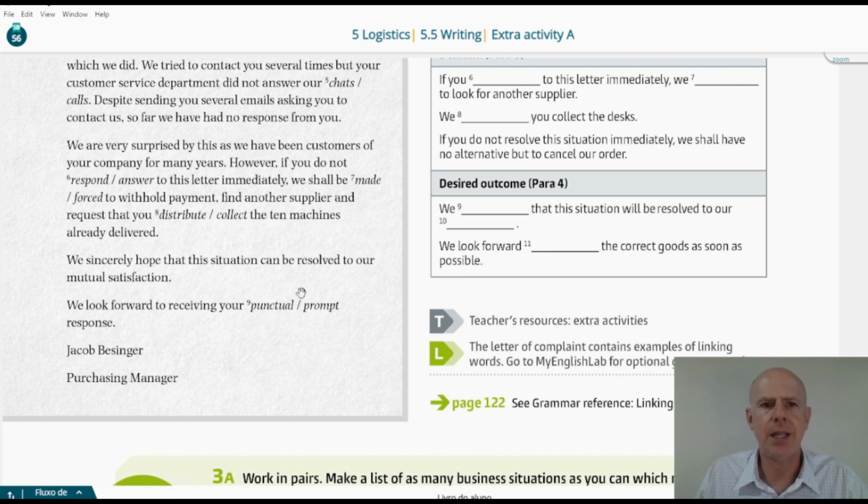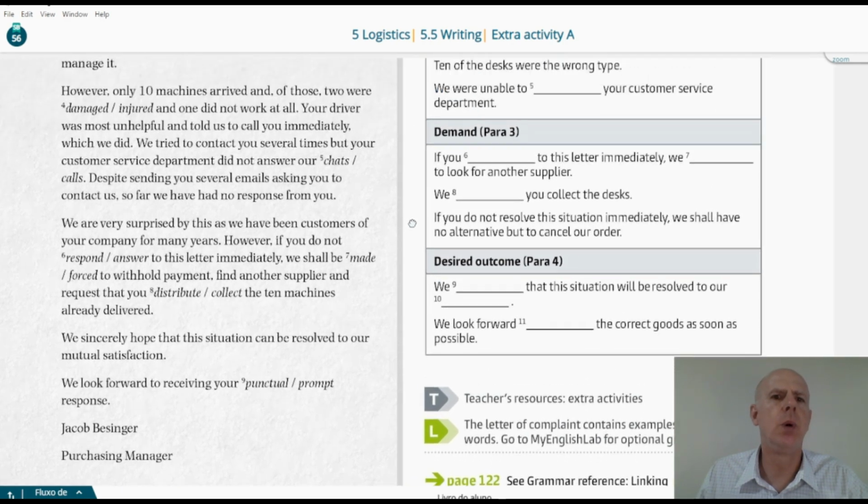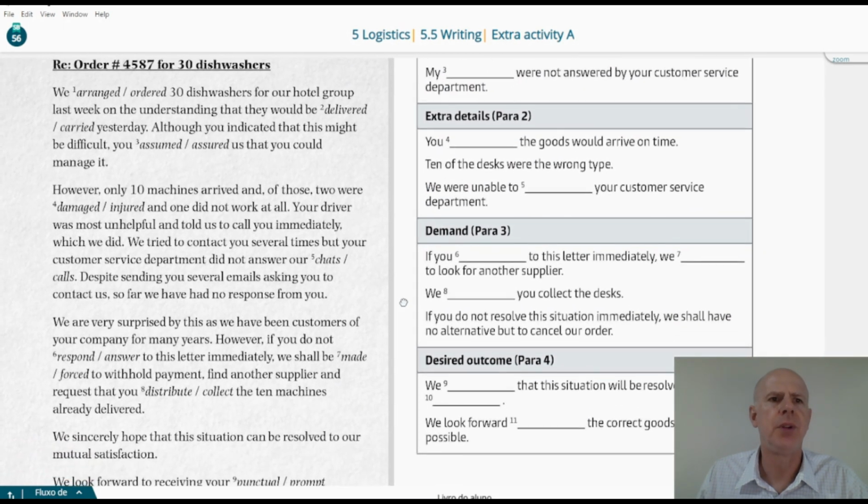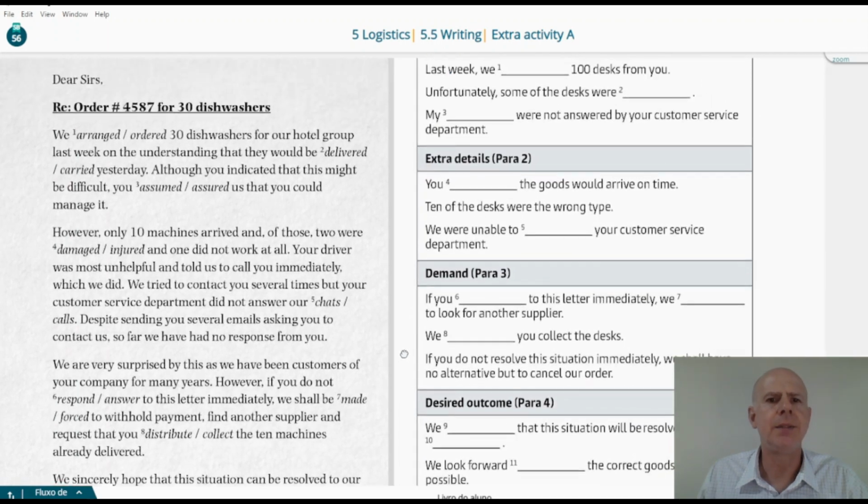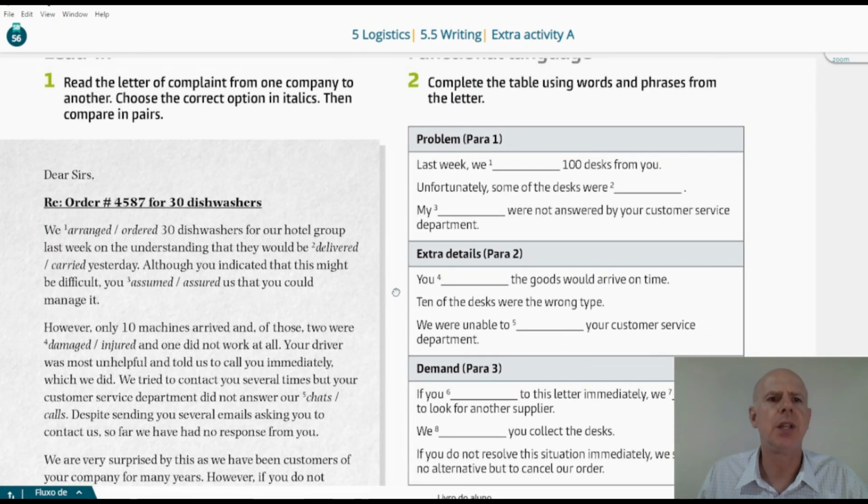There isn't anything arranged, so it can't be punctual, so it is prompt, which means as soon as possible. Who wrote it? Jacob Bessinger, purchasing manager. He's really upset, right? This is a wonderful example of a letter of complaint, and this will help us throughout the whole lesson.